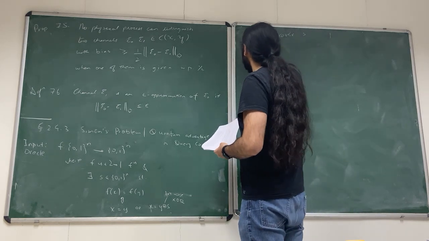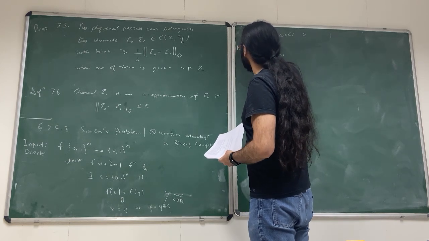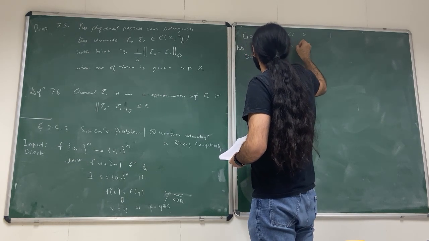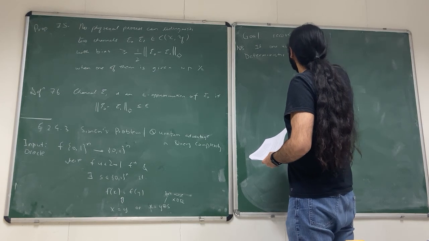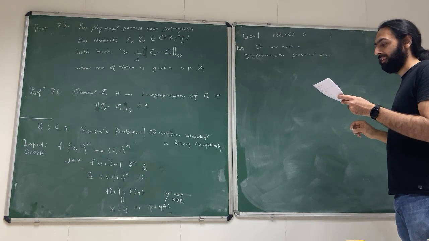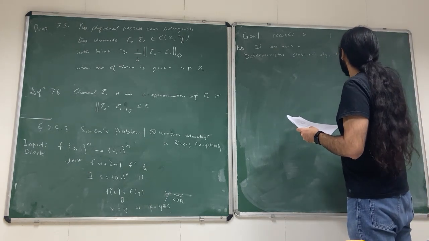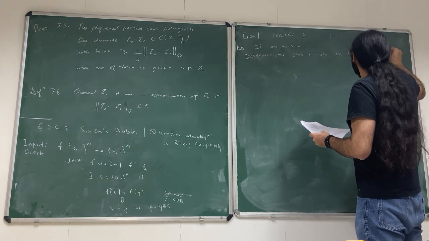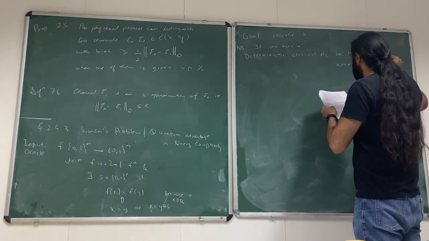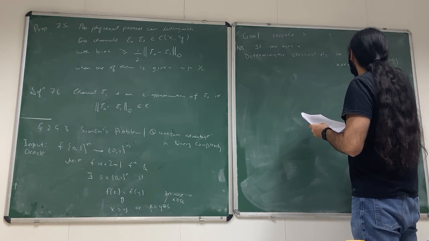Okay, so now if one uses a deterministic classical algorithm, then it's sort of clear that you need at least, in the worst case, 2^n/2 queries.